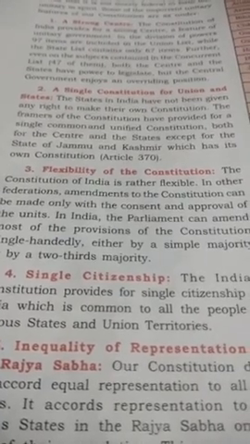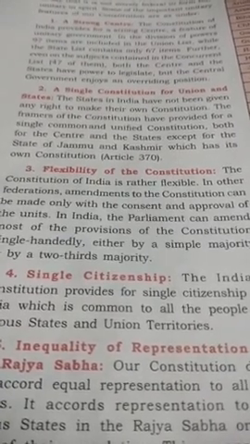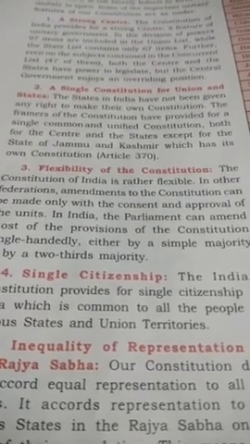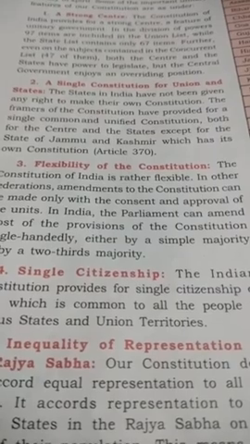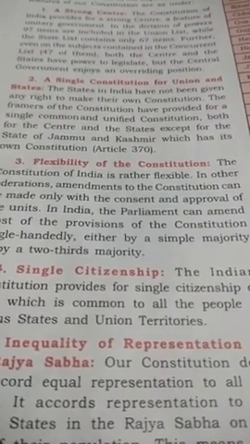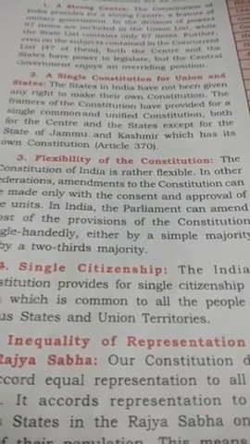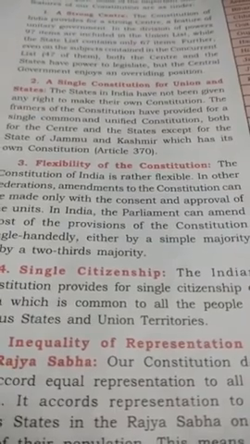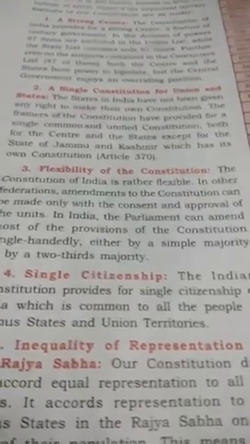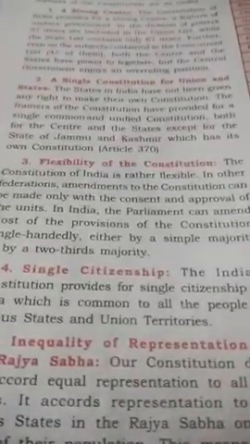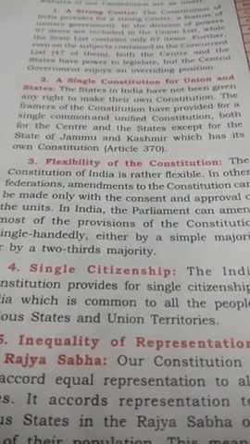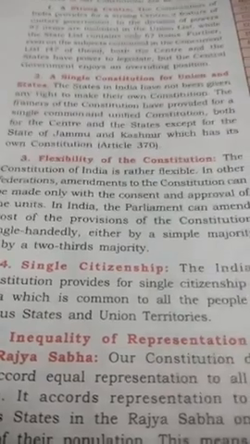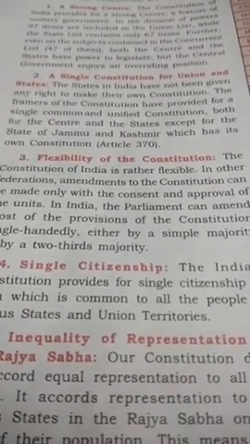Some points are very rigid, so we cannot touch them, but many are very flexible. We can amend them. The members of Parliament can amend some parts of the constitution by a simple majority or by a 2/3 majority.